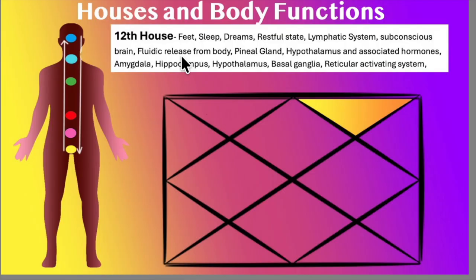We say 12th house is loss, right? But what is a loss in terms of body? It's fluidic release. It's the pineal gland, because it is sitting next to the first house. Hypothalamus and associated hormones, everything related to subconscious, amygdala, hippocampus, hypothalamus, basal ganglia, and reticular activating system.